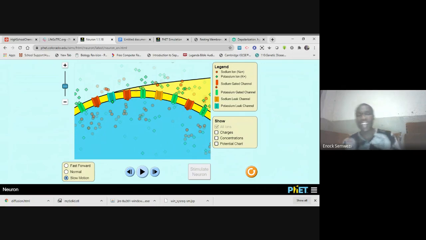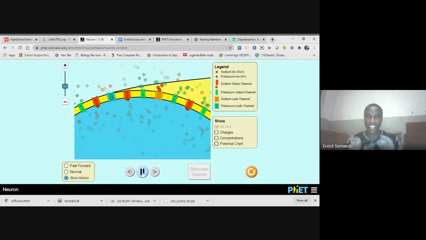However, in a fraction of a second, after some milliseconds, like 0.05 milliseconds, the potassium gated channels also open. And when they open, the potassium can diffuse outside, and therefore the membrane gets repolarized again.